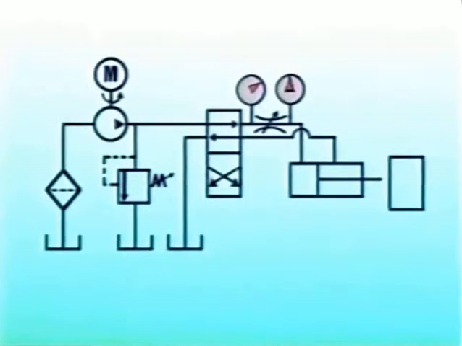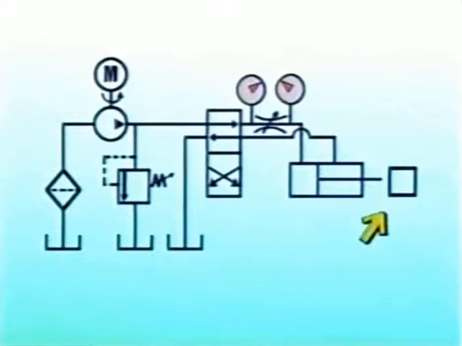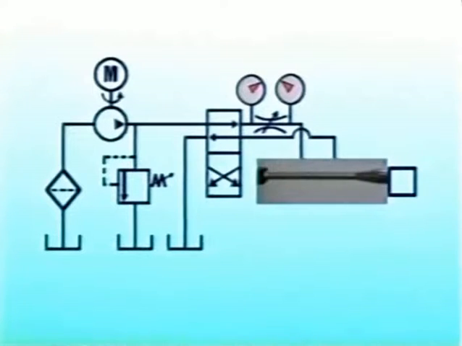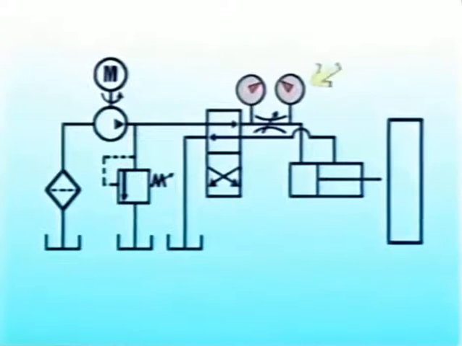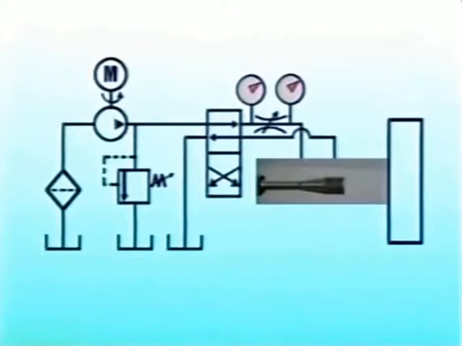That means that if the pressure on the downstream side of an orifice drops, for example, if the load becomes less, while the pressure on the upstream side remains constant, then the flow rate will increase and the actuator will speed up. And if we keep the upstream pressure constant while we raise the pressure created by the load, the actuator will slow down.